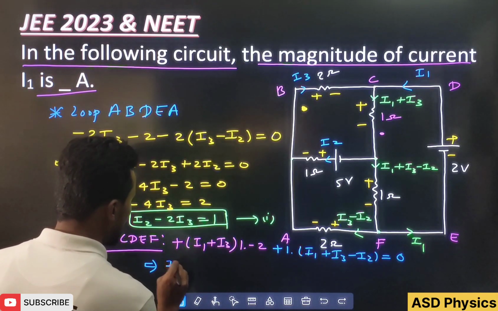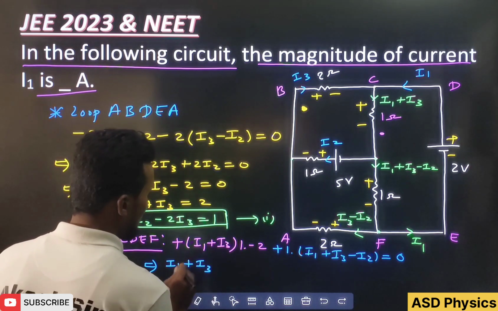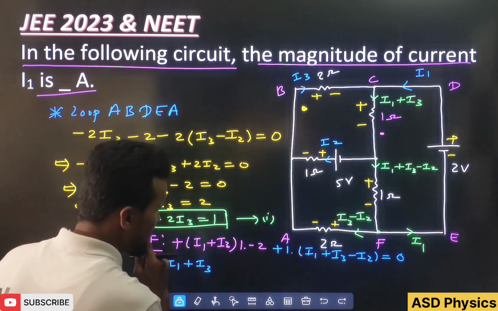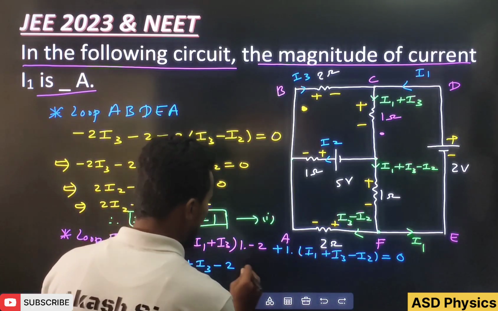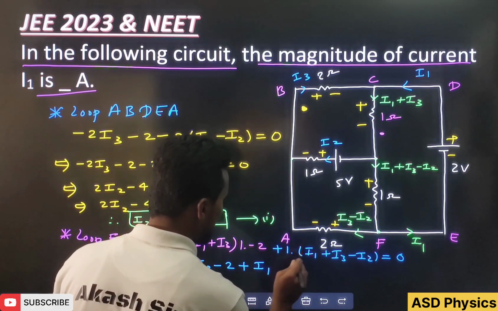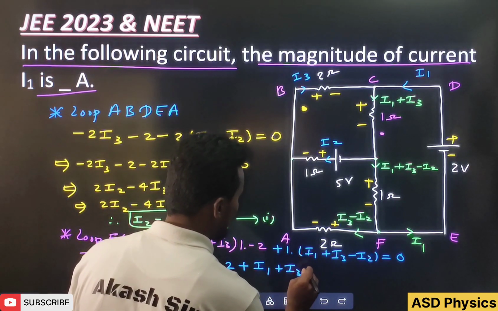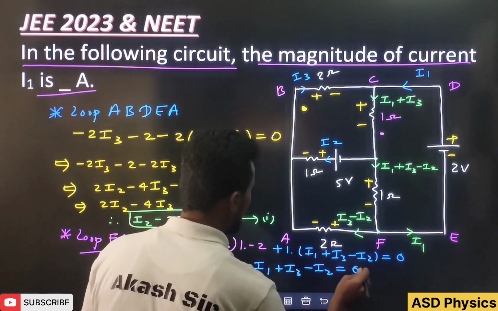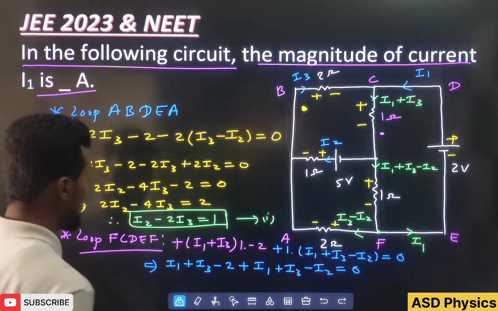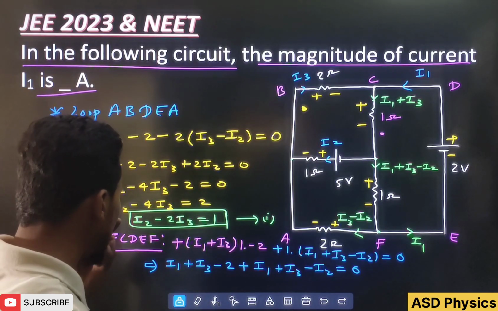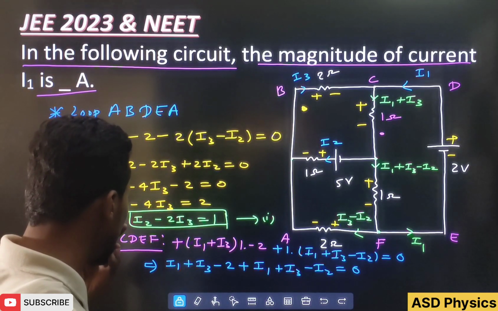Okay, so students, when we simplify this, what will this become? See, this will become I1 plus I3, I hope so this is 1. Okay. And what is this here, students? See, minus 2, and plus (I1 plus I3) minus I2 equal to 0. Now we have to collect all these things.